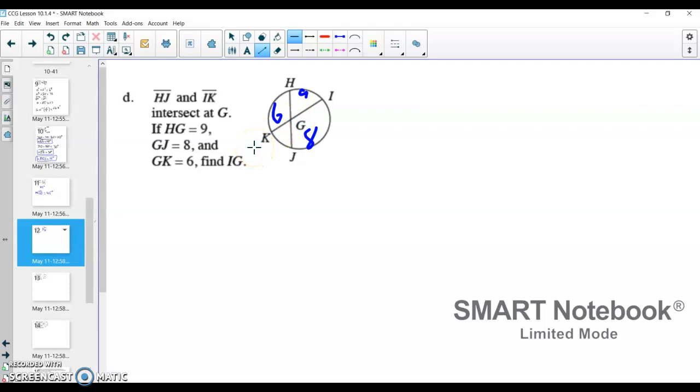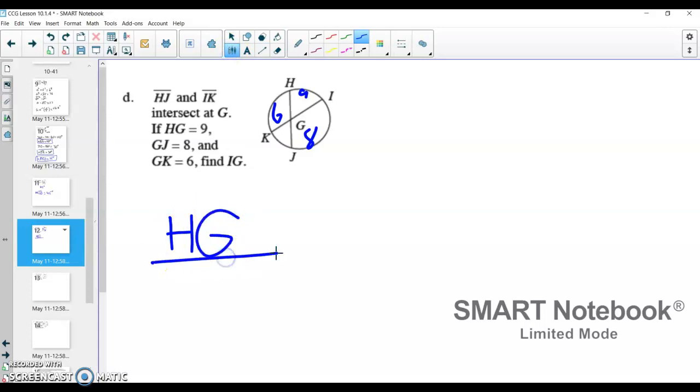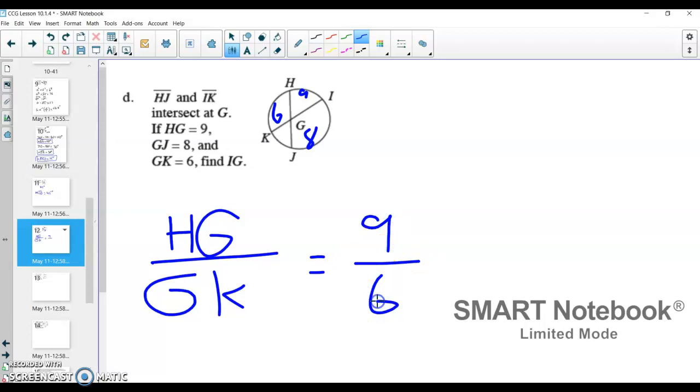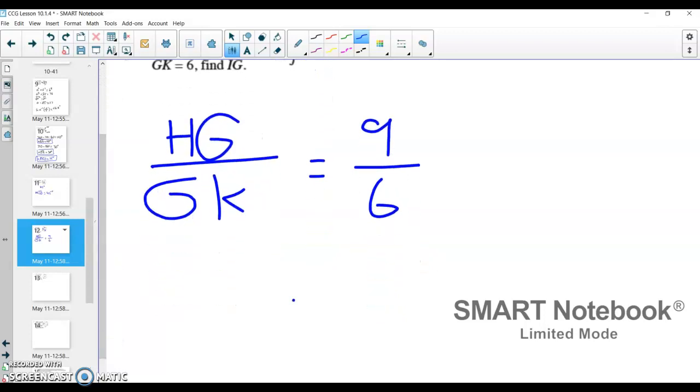So what I'm going to do is take HG and divide it by GK to get my zoom factor here. And if I do that, I get 9 divided by 6, which gives me a zoom factor, I'll call it ZF, of 1.5.